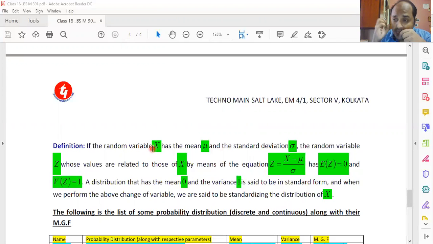It can be any variable, not only normal. So it's a very important result. Normal distribution, normal variable and standard normal variable are a special case of this definition.